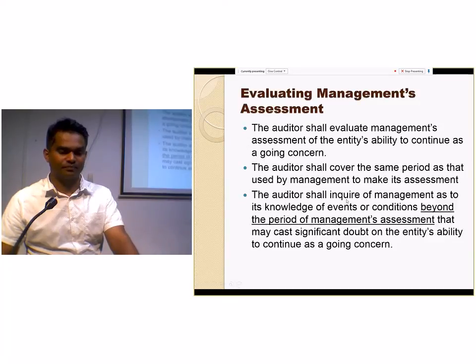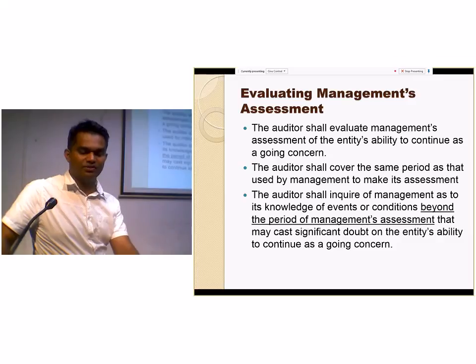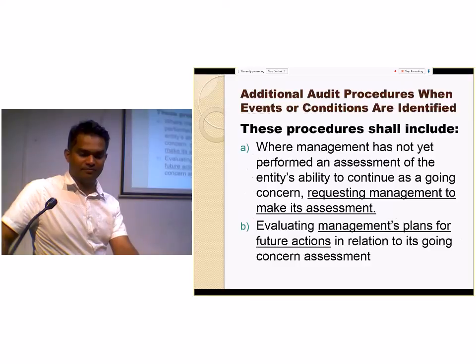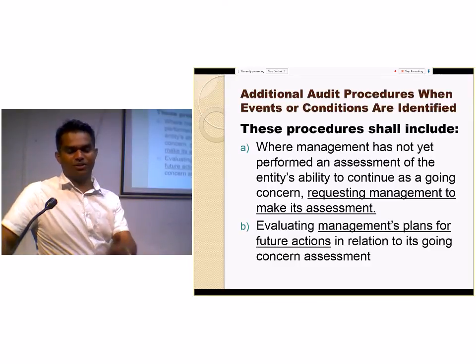As we discussed, management should assess the appropriateness of the going concern assumption. Then you want to collect the audit evidence to make sure whether the business has a going concern or not. That's why I discussed with you.